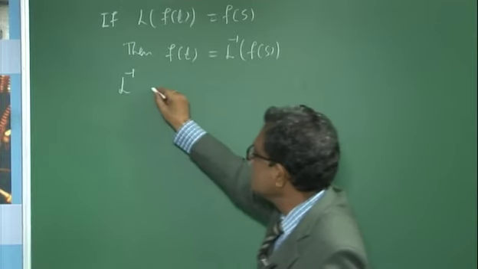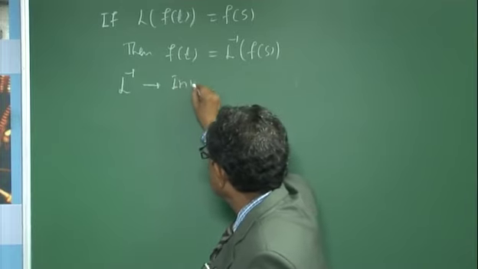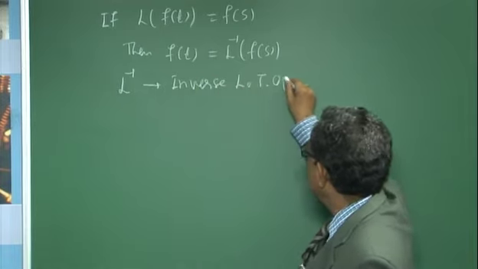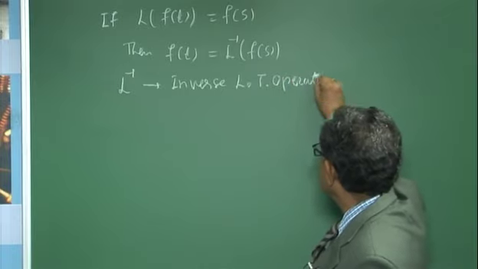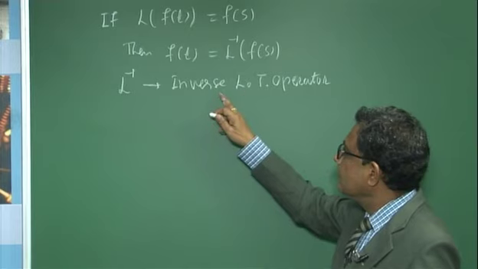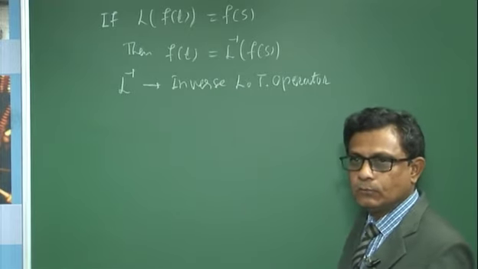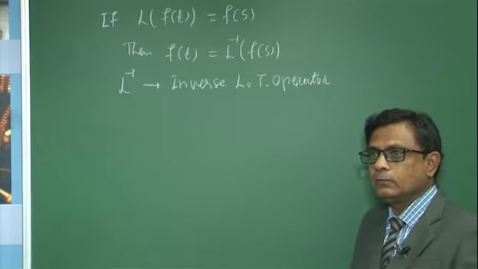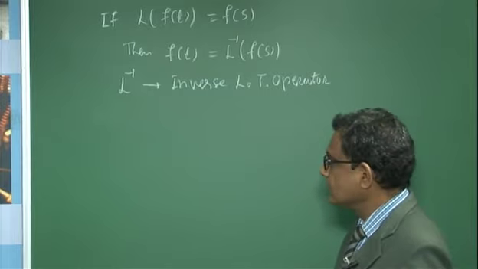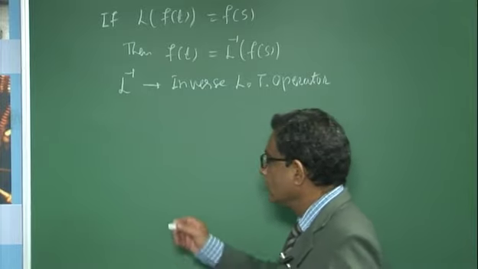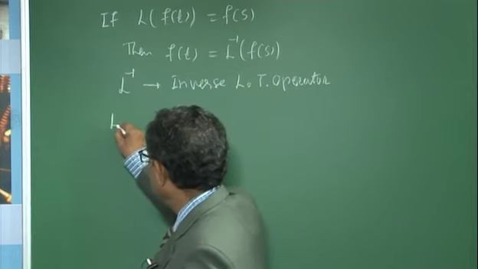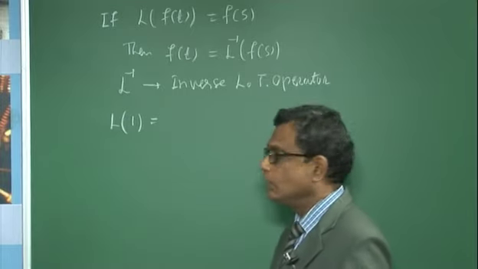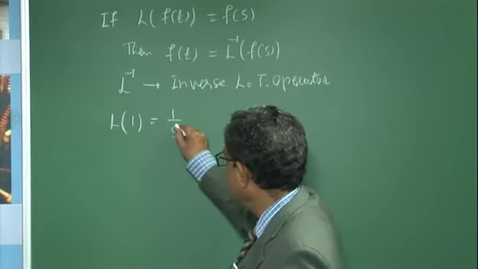Here L inverse is called the inverse Laplace transform operator. Now we know the basic formulas in the Laplace transform. Totally we have 7 formulas. L of 1 is 1 by s.